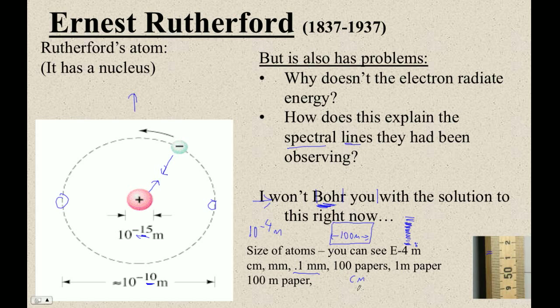And 100 centimeters make a meter, right? And 100 meters make a soccer field. Whoops, yeah. And now we are down from 10 to the 4th to 10 to the minus 10th meters. So if you took the smallest thing you could see and blew that up to 100 meters and you stacked paper 100 meters tall, every sheet of paper would be an atom.